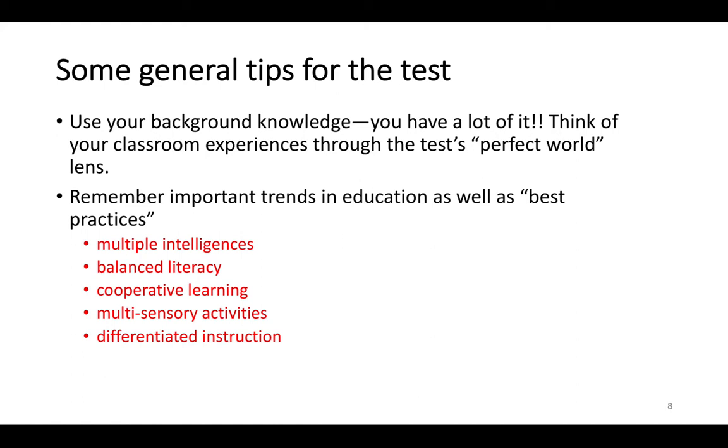Another thing to remember is that there are some trends in education and best practices in language learning and in education as a whole that will help you find the right answer. And some of these are included here. For example, multiple intelligences. On this test, sometimes they could ask you something as straightforward as, you are teaching a 4th grade class and you have a visual learner.